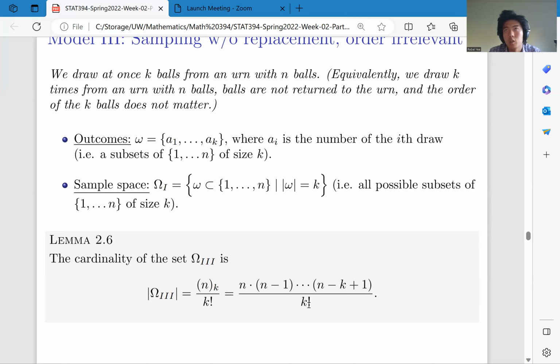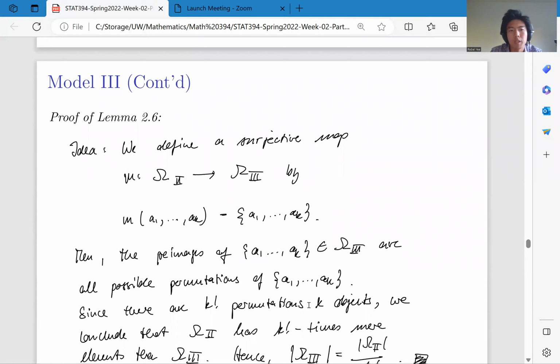So in this case, order irrelevant and order relevant differ by a factor of 2. But with 3 balls, 1, 2, 3, you can arrange them as 3, 2, 1 or 3, 1, 2 or 2, 1, 3, so there are totally 6 cases, and that is divided by 6. But that can also be written as 3 times 2 times 1. So it seems like a factorial pattern for the permutation.